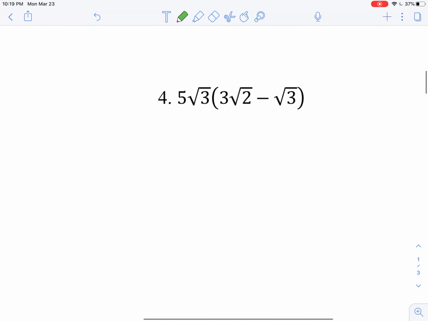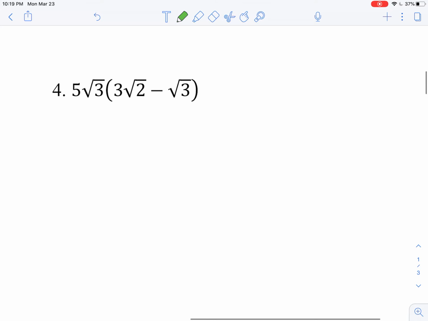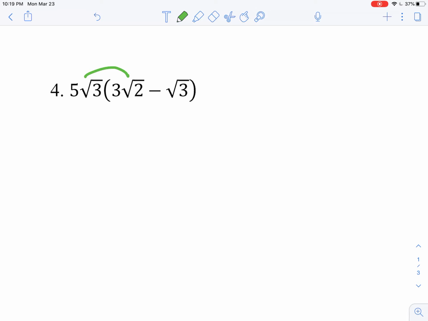In question number 4, again, we're going to use the distributive property to multiply our radicals. So when I multiply the first two terms together, 5 times 3 on the outside makes 15 outside of the radical. Underneath of the radicals, 3 times 2 is 6. Then we have our minus sign.